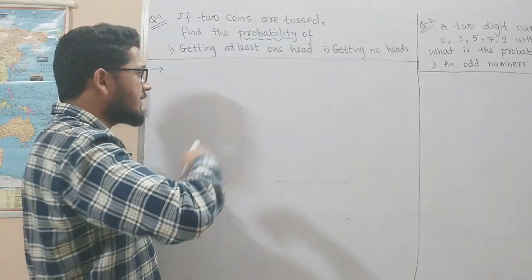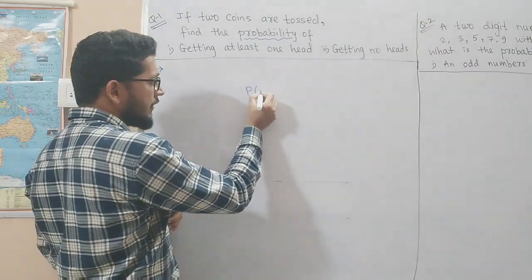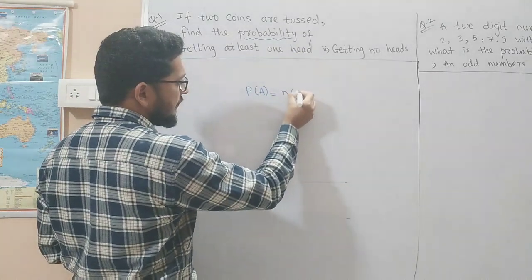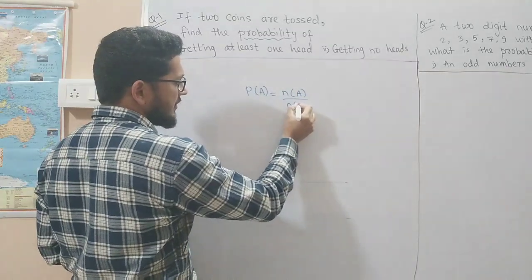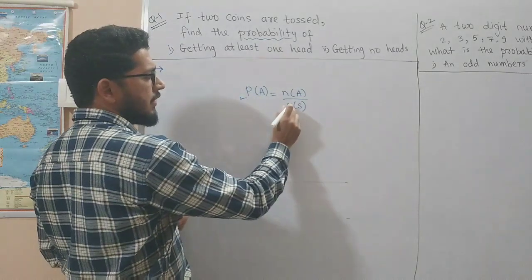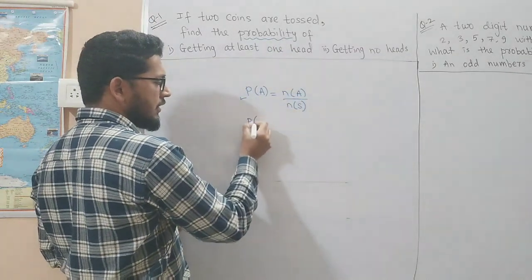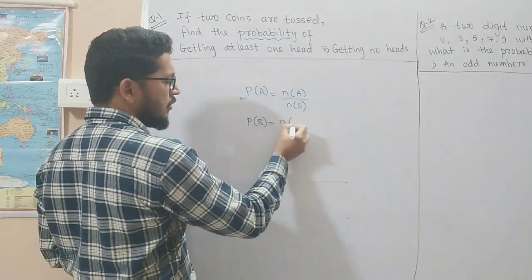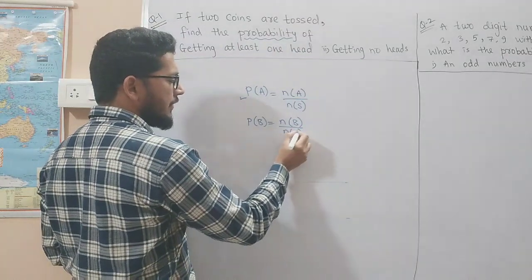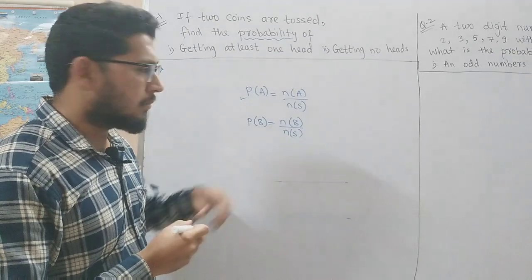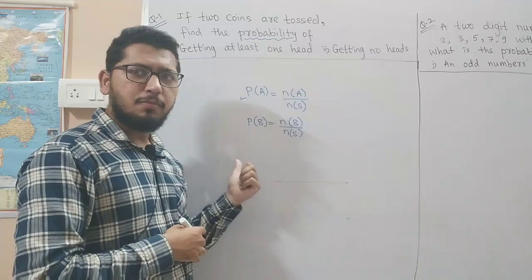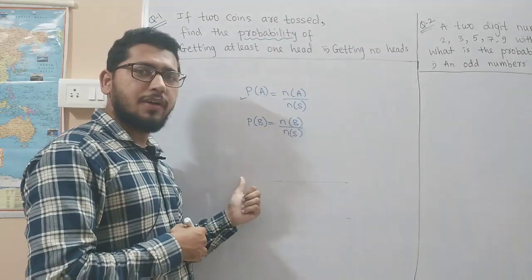The formula of the probability is nothing but, if you want to find the probability of any event, suppose A event, you have to know the number of events of that point and divide with number of sample space, that is n of A upon n of S. If you want to find the probability of A event, then we have to take n of A upon n of S. The probability of B लेना है तो लिखना है n of B upon n of S. तो हर एक का probability का formula क्या होगा, number of events divided by its number of sample points. Similarly, we can find the probability of C, and we can find the probability of other events.